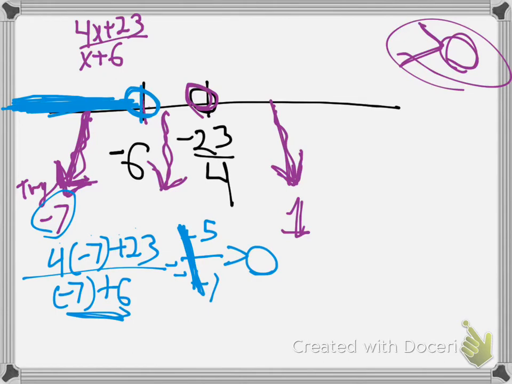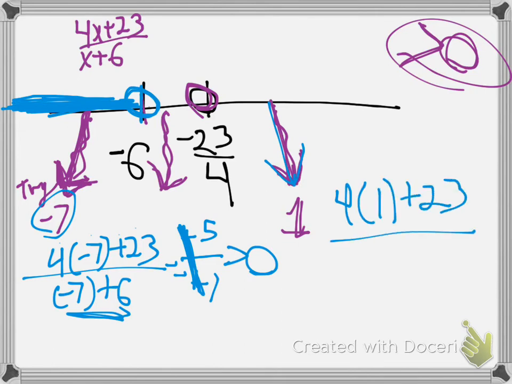And so let's go ahead and test our theory here on the right-hand side. If we try +1, then 4 times 1 plus 23, over 1 plus 6. This is totally working out.